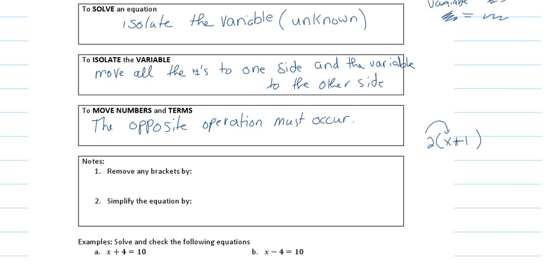Distributive property is when you multiply by both terms. And then after you do that, you want to collect any like terms on either side of the equality first, and then you're going to isolate.